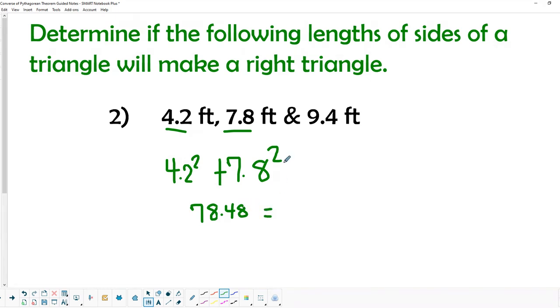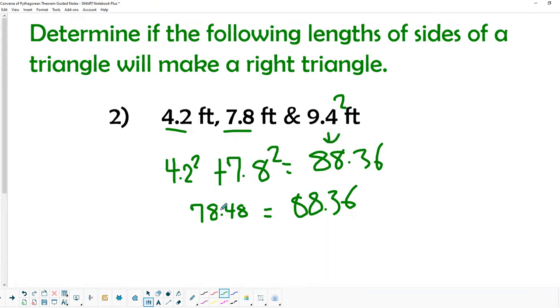Now I'm going to compare it with this other one. So 9.4 squared is 88.36. So we know that 9.4 squared, 88.36, is not equal to 78.48.